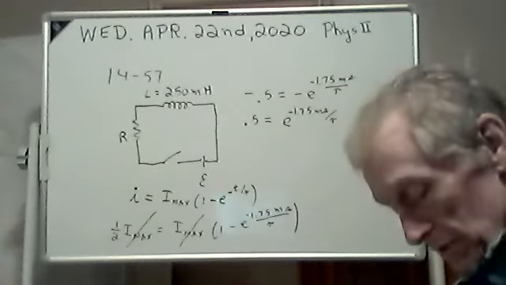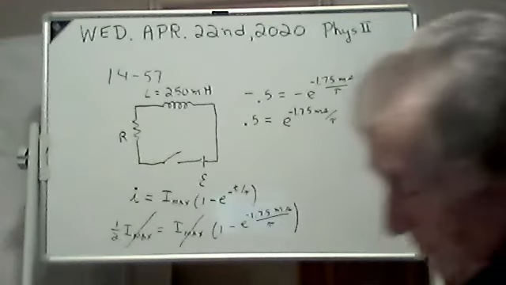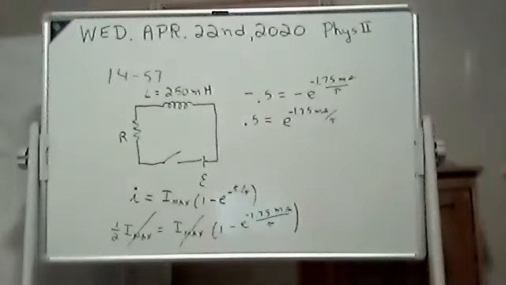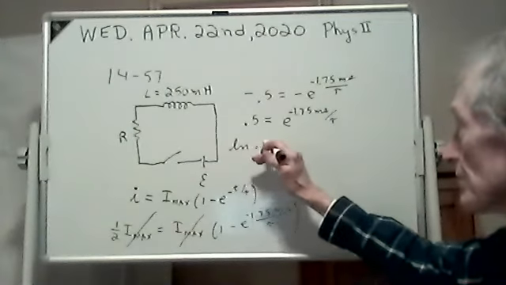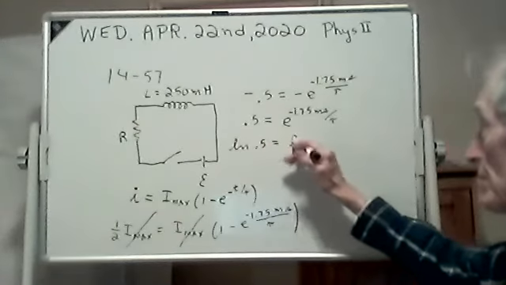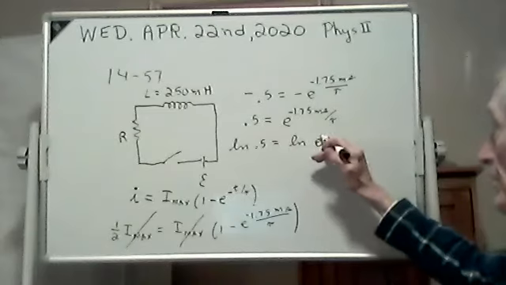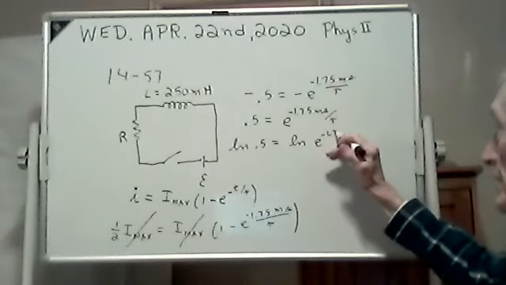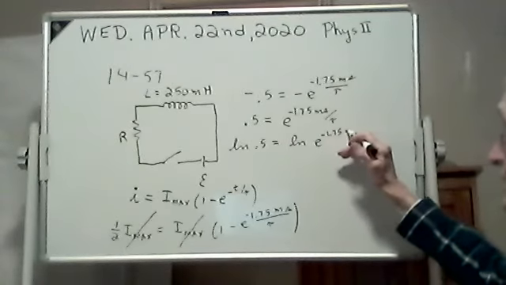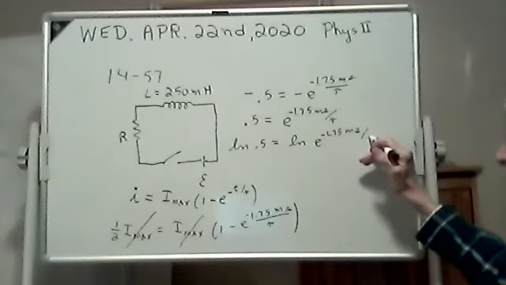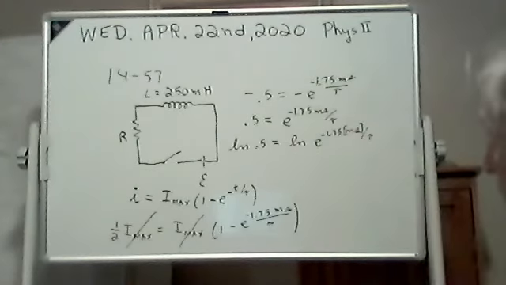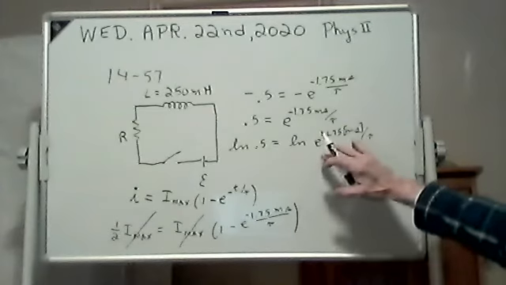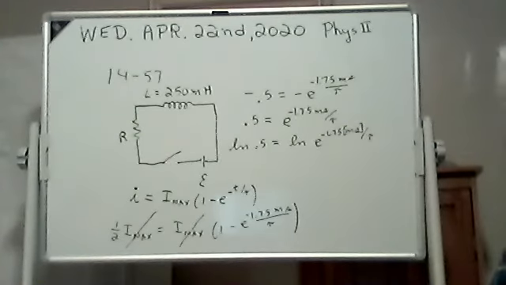Okay, well, we're going to do a little math here. We're going to take the natural log of both sides. That's certainly legal. The natural log of 0.5 would equal the natural log of this here. You're supposed to put units in brackets. I forget sometimes. That doesn't say misses or miss.